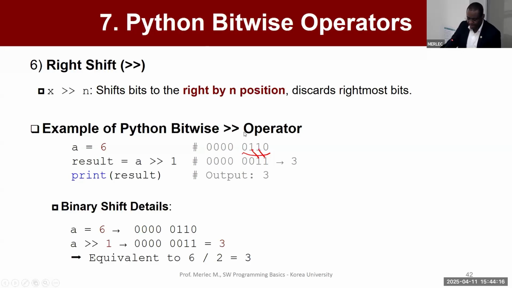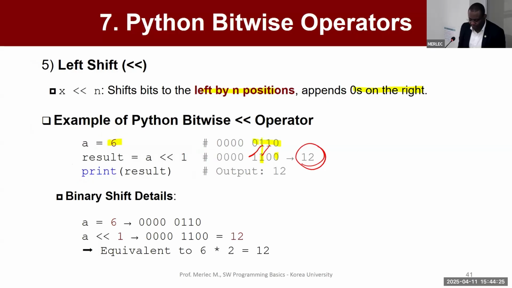So in short, to summarize the left shift and right shift, the effect is like multiplication and division in decimal. When you have the left shift, it is equal to multiplication.